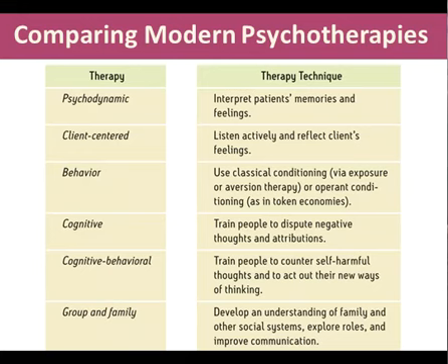Cognitive therapy's technique, train people to dispute negative thoughts and attributions. Cognitive behavioral therapy's technique, train people to counter self-harmful thoughts and to act out their new ways of thinking. And group and family therapy's technique, develop an understanding of family and other social systems, explore roles, and improve communication.